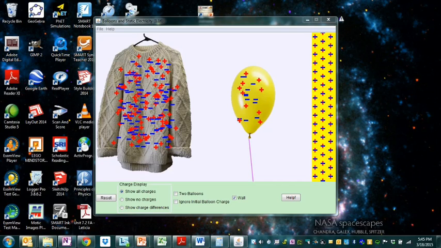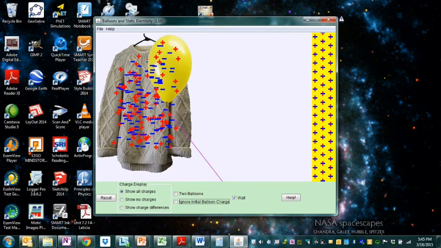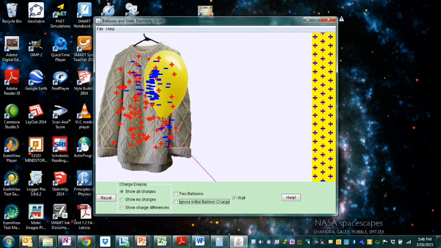So most matter is neutral, which means there's 1 electron per proton, and there's 0 net charge. But the rubber in the balloon has an interesting property: if you rub it against certain materials, it will actually strip off the electrons from the sweater.